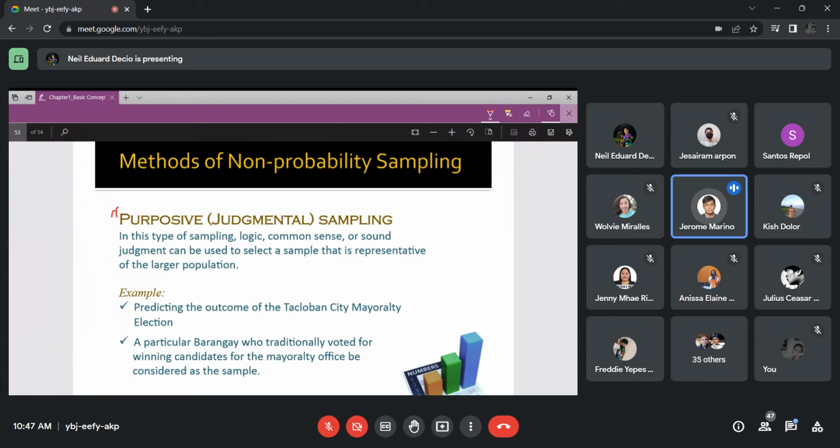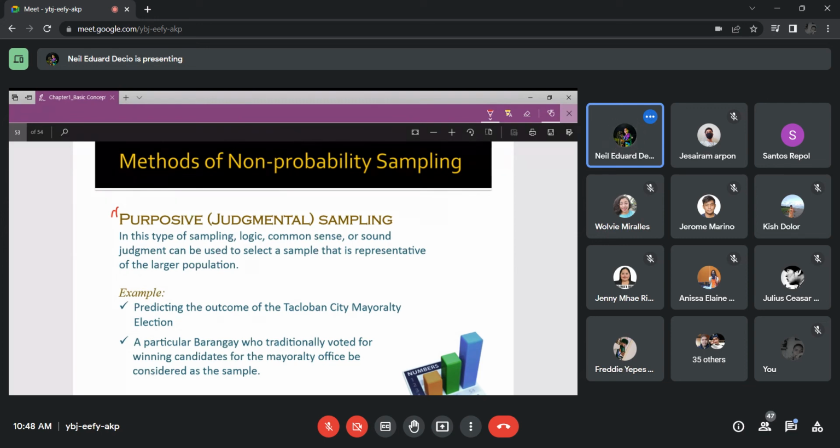Sige. So number 1, you're going to put the title of the study. Okay? Number 2, you will identify population and sample that was used there in the specific study na ginpili.